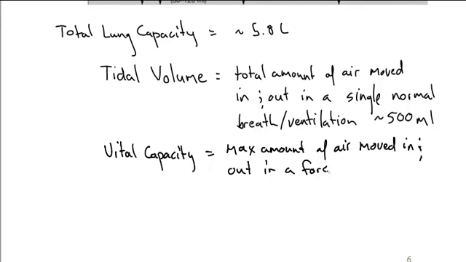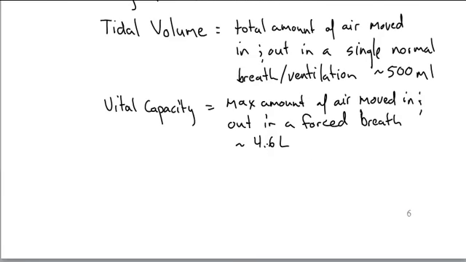So if you try as hard as you can to bring as much in and as much out. And in most people, this is approximately 4.6 liters. If you have some sort of respiratory illness, that can be drastically compromised.